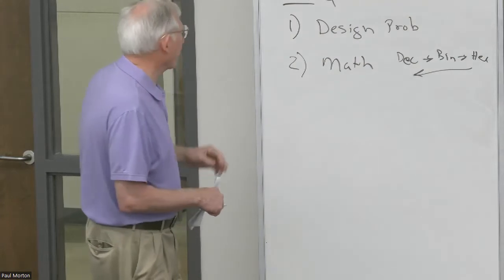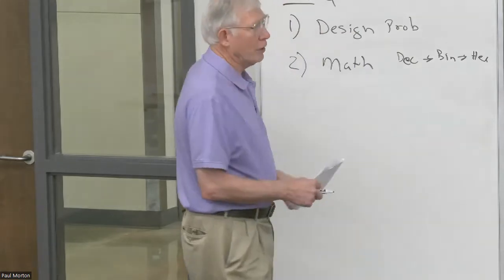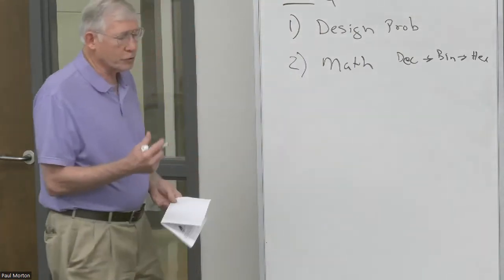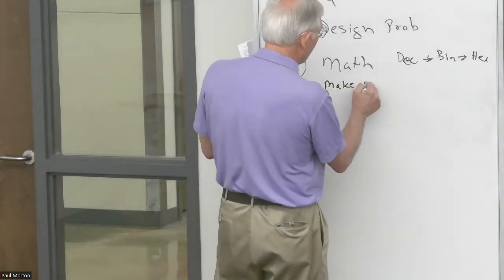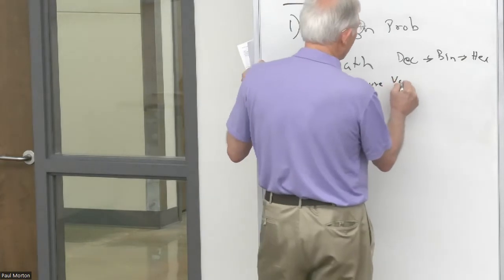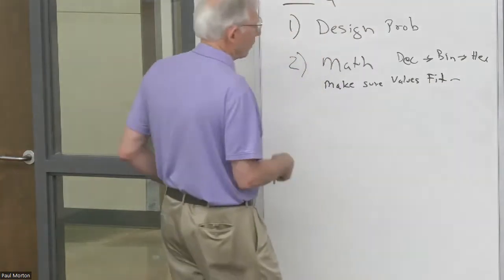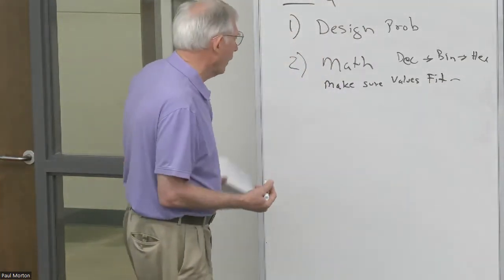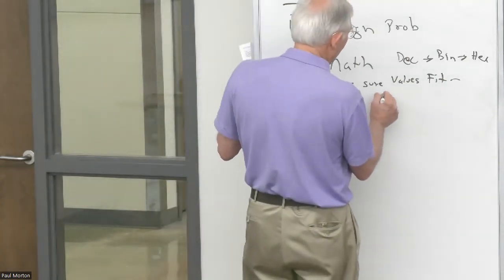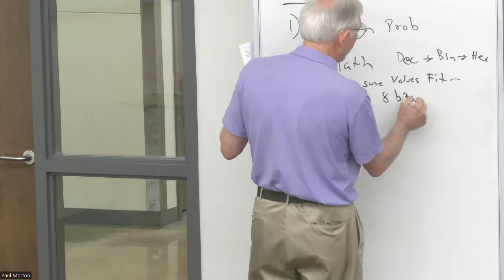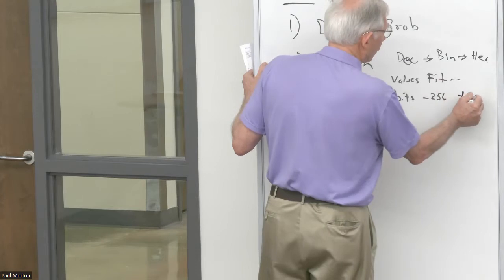On the math problems, the only one that you may have issues with is the 2's complement. Remember in 2's complement that we have to make sure the values fit. Otherwise, we're basically getting overflows and wrong results. And so remember in 8 bits, we can go from minus 256 to plus 255.